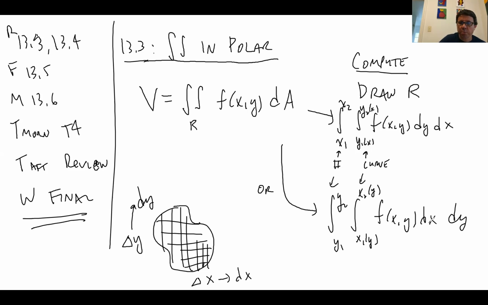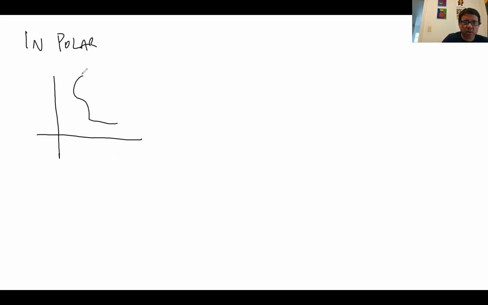So how does this work in polar? Instead of chopping your x and your y, you're going to be chopping up your theta and your r. The region will look kind of like this; here we have some region. I'm going to chop it up in thetas, which are angles that come out from the origin.